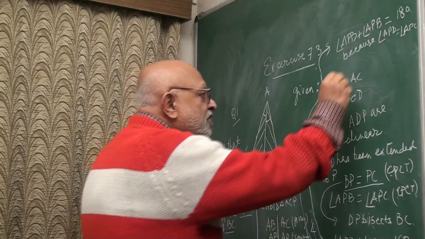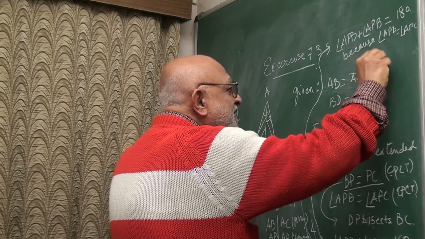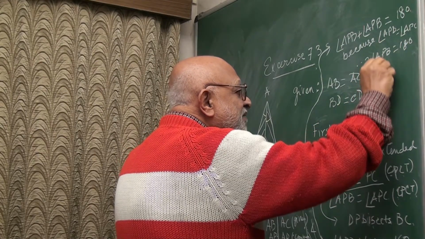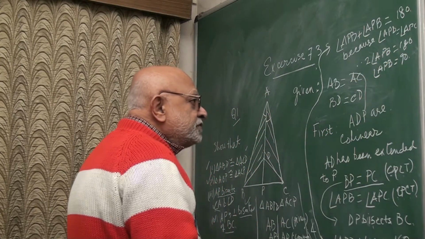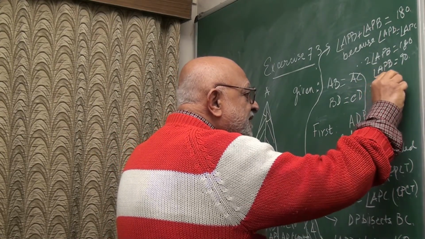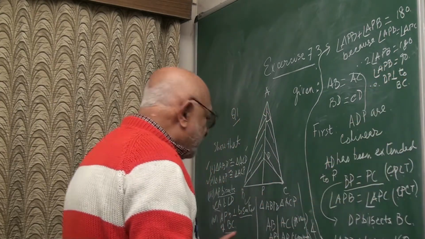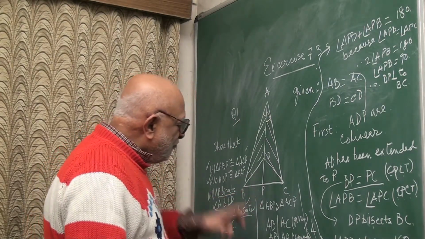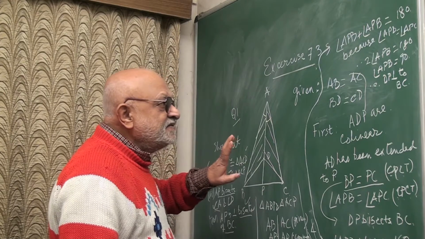Therefore 2 into angle APB is equal to 180. Therefore angle APB is equal to 90, which shows that AP is perpendicular to BC. So this is also proven. The only thing remaining is to prove that AP is also the bisector of angle D.